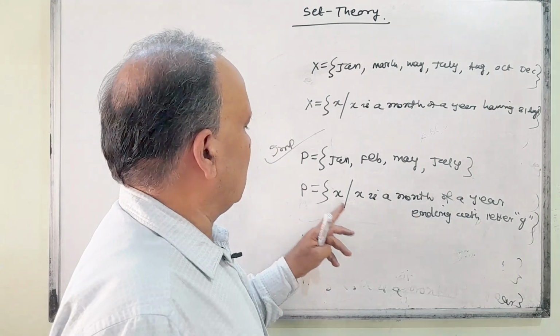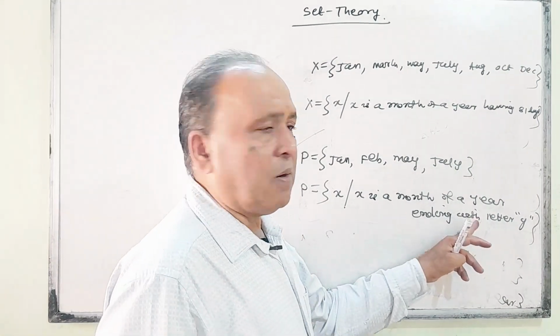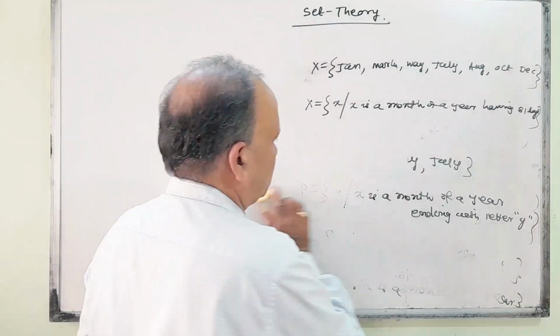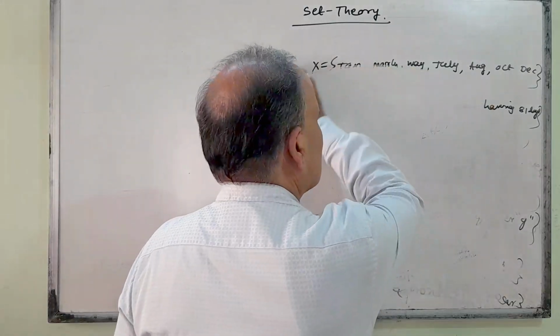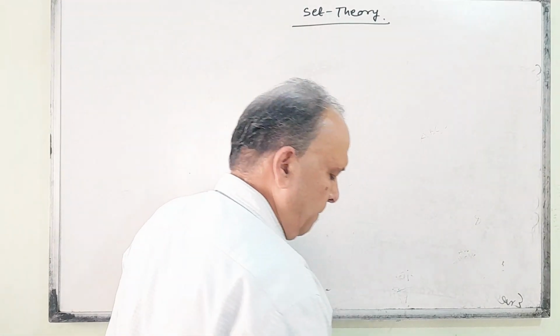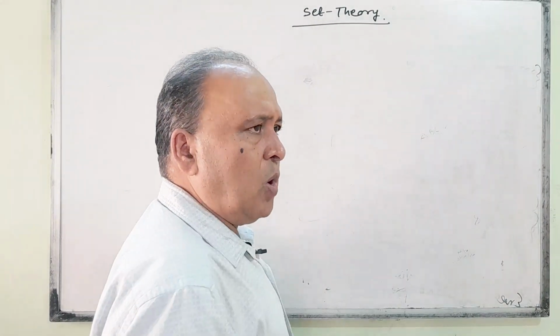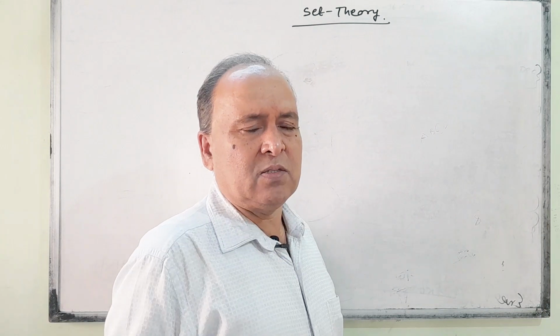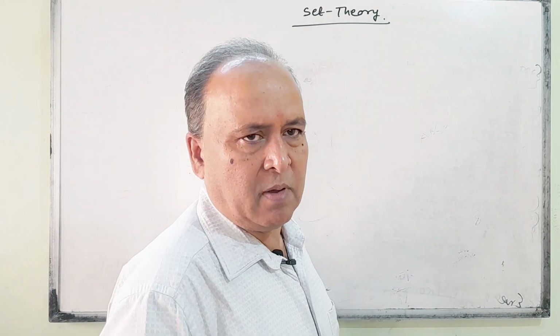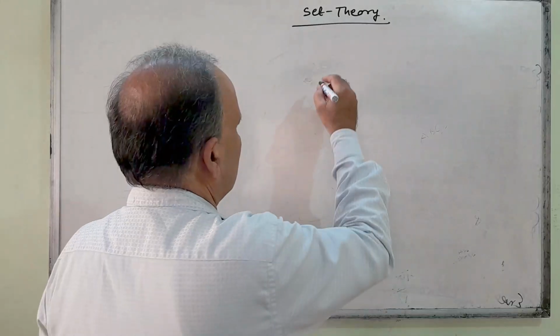There are also questions given in set builder form, and you convert them into roster form. Next, there are some sets which have no defining property, but the question will come: write it in set builder form or specification form.